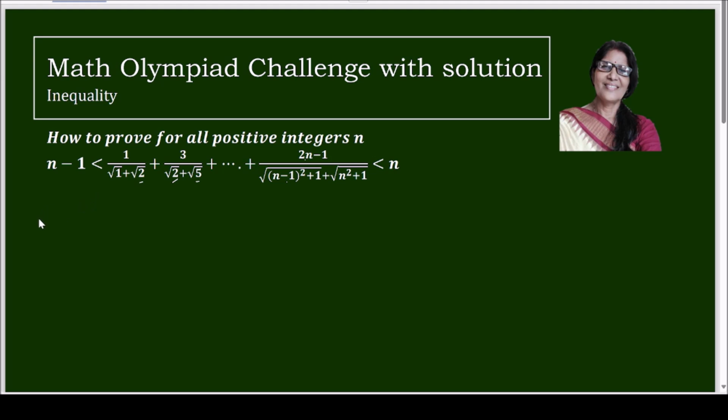So let us see the kth term. The kth term equals 2k minus 1 over square root of (k minus 1) whole square plus 1 plus square root of k square plus 1.